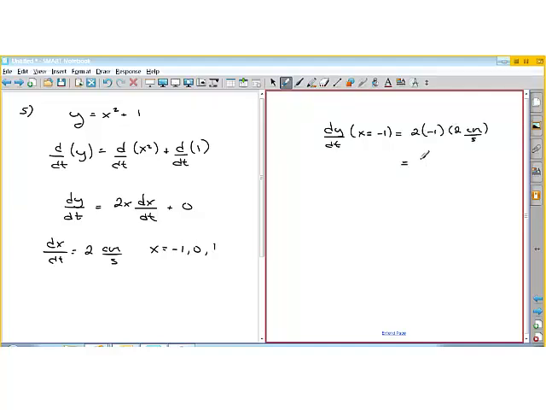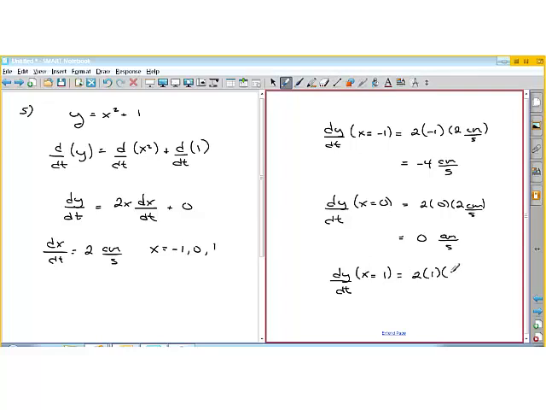So 2 times 2 is 4 times -1 is -4, so we get -4 centimeters per second. dy/dt at x equals 0 is just 2 times 0 times 2 centimeters per second, which is 0 centimeters per second. And the final one, dy/dt at x equals 1, we get 2 times 1 times 2 centimeters per second, and we get +4 centimeters per second.